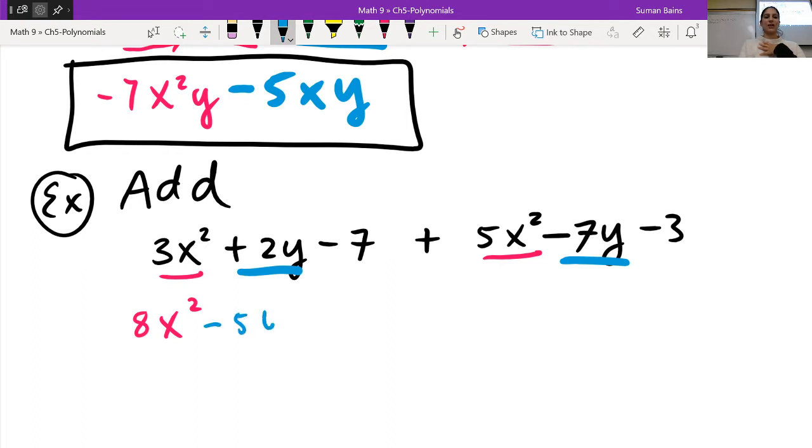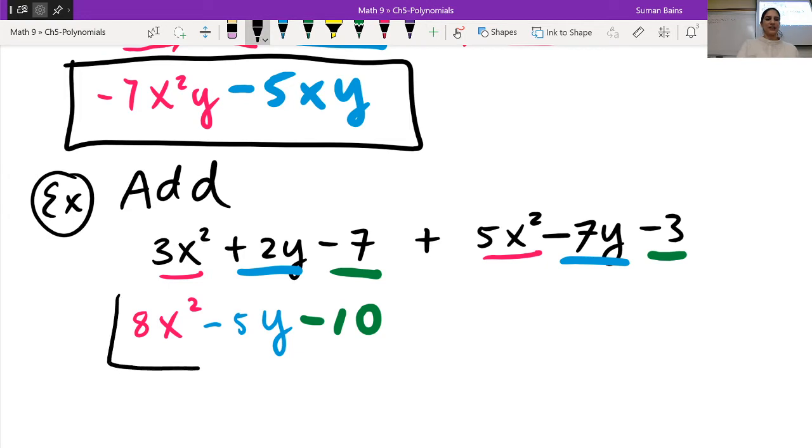Negative 5y. Good. And then we get to our constants. Remember that word? Negative 7 is a constant because it doesn't have a variable with it, and same with negative 3. If I have negative 7 plus negative 3, how many constants do I have? Negative 10. Is everybody okay with that? So after all that, this would be our added solution.